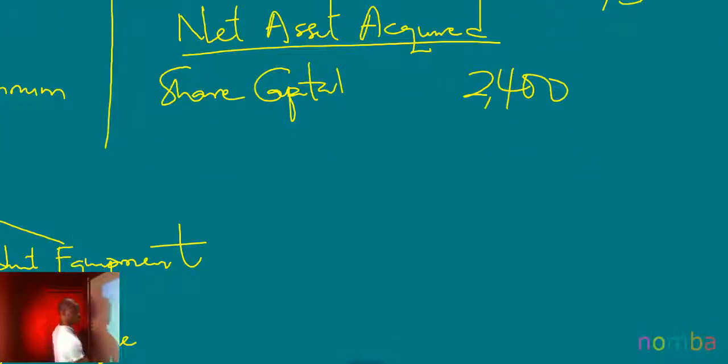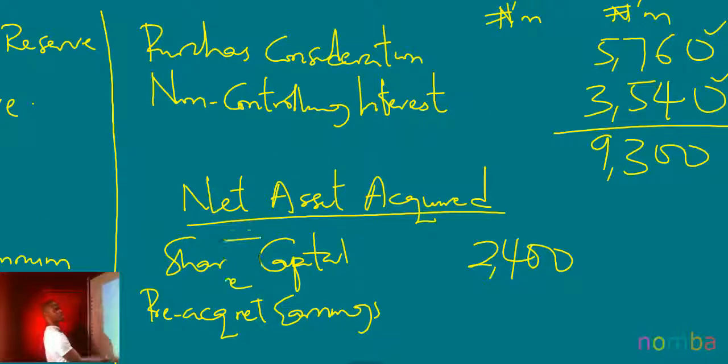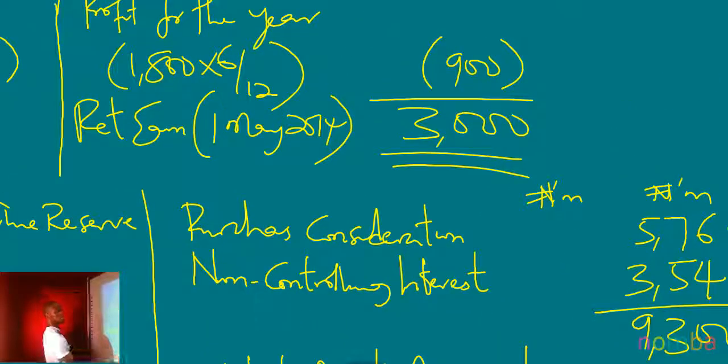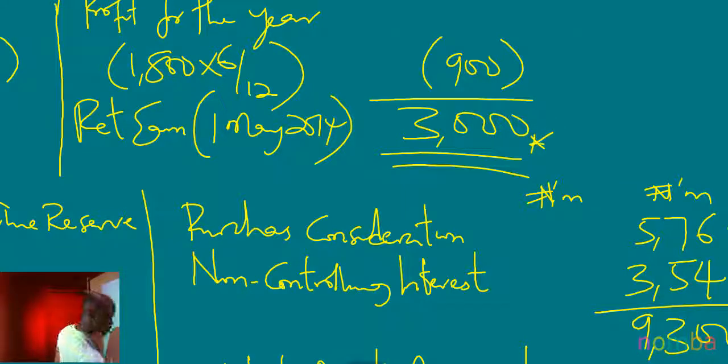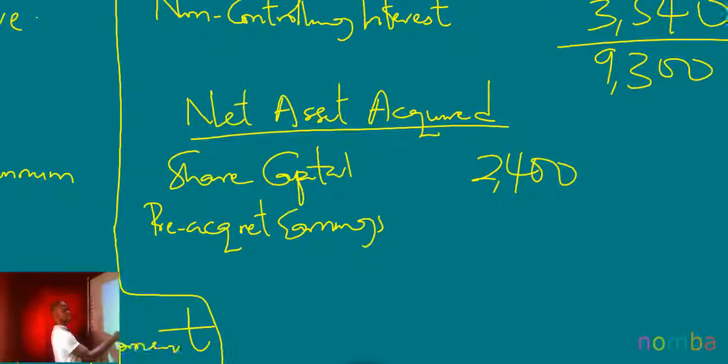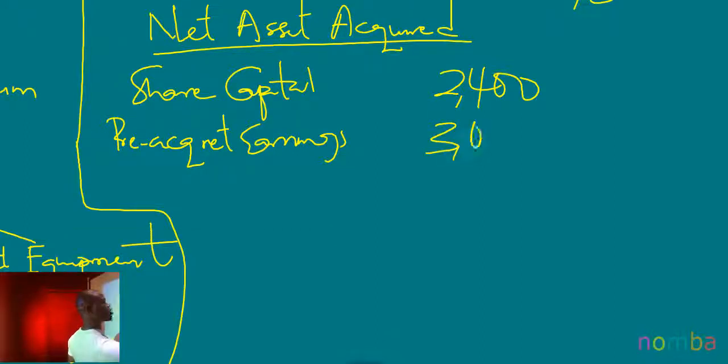Then the pre-acquisition retained earnings, which we have determined up here as of May 2014, was 3,000. So we're going to add it here as 3,000.